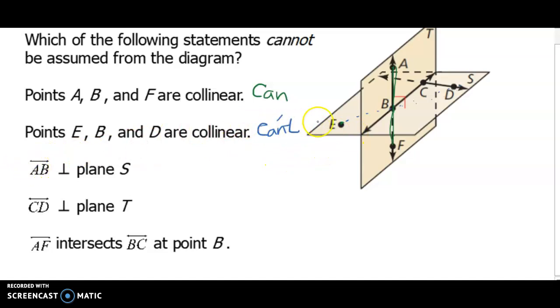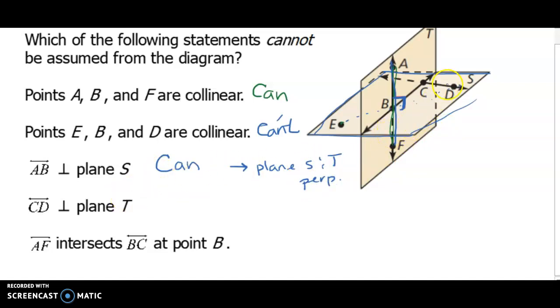All right, AB, so line AB is perpendicular to plane S, which is here. Well, if you look, notice that it intersects the plane at a right angle. So isn't that the definition of perpendicular? Yes. Well, if this line is on plane T, that means that plane S and T are perpendicular. Now I'll need that for this one here.